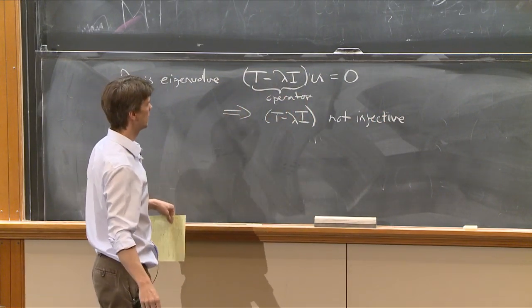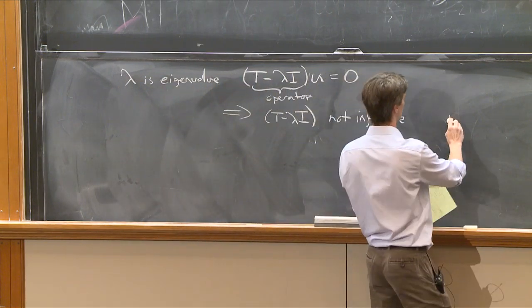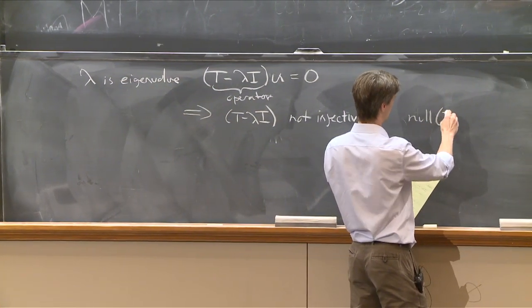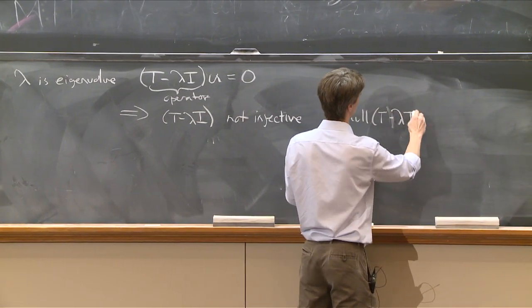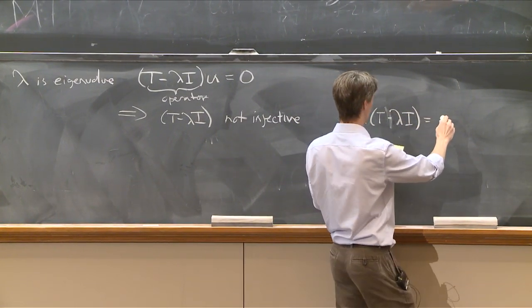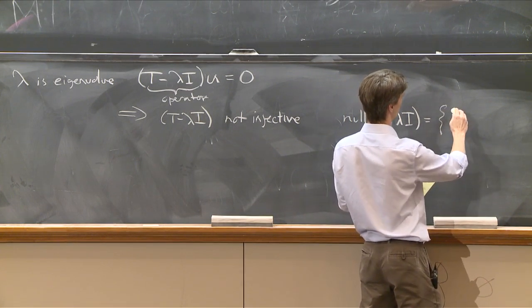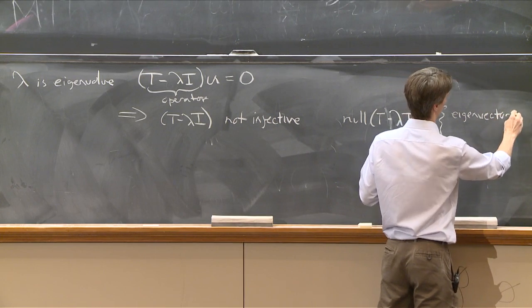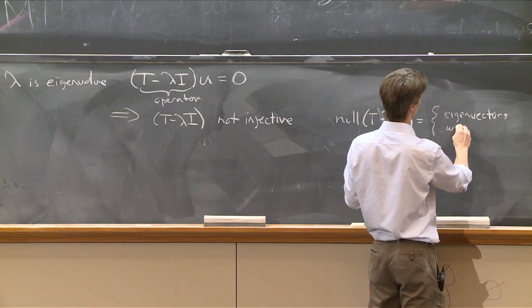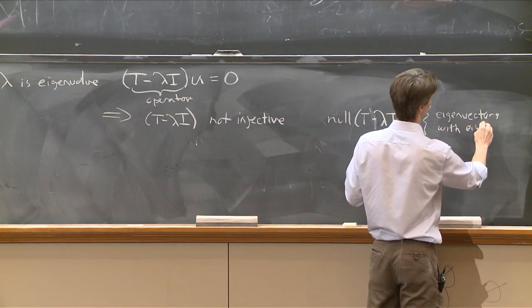You can even write that the null space of T minus lambda I is equal to all eigenvectors with eigenvalue lambda.